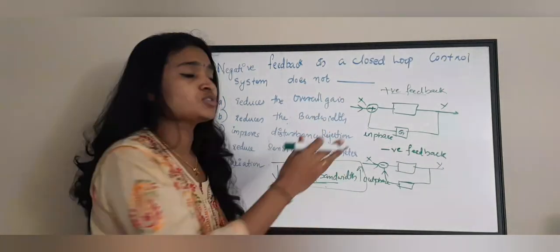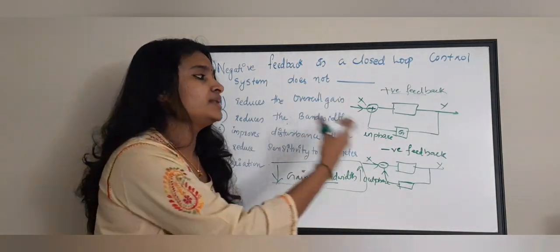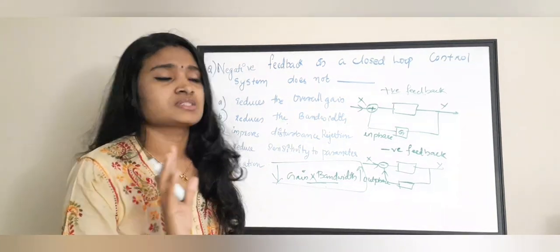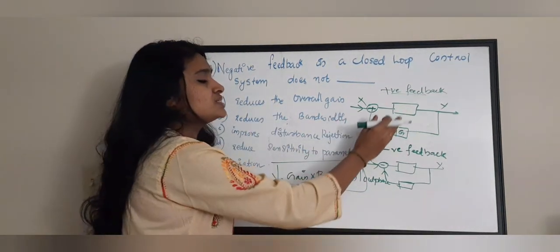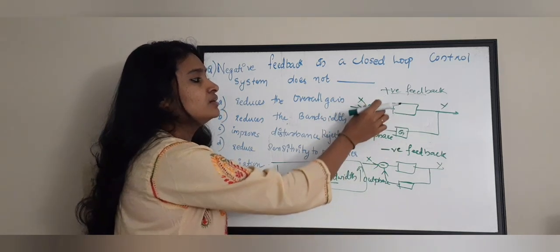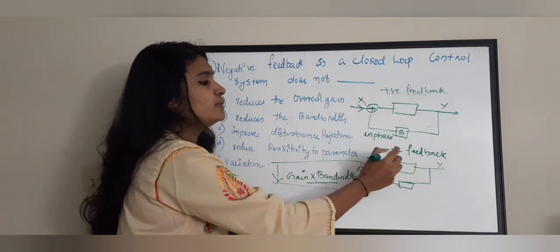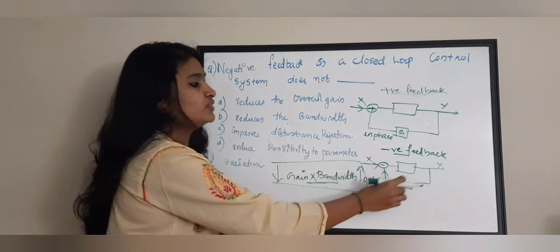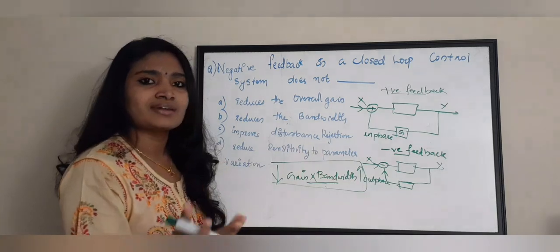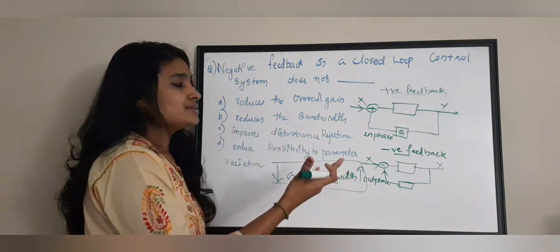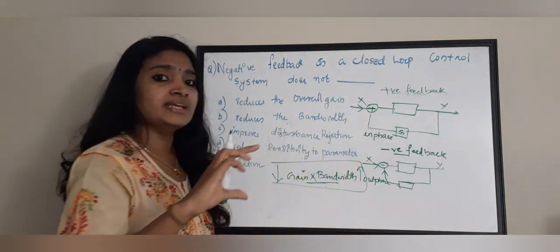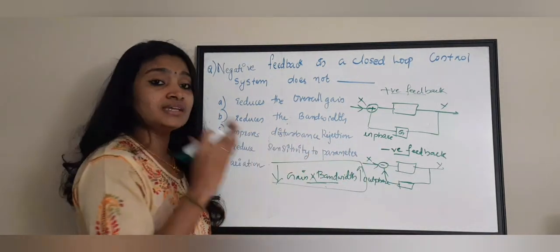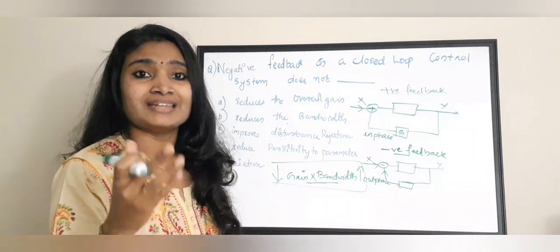These are the basics of a positive feedback control system and a negative feedback control system, one of the very basics of control systems. In a positive feedback control system, the signals are added with the feedback. In a negative feedback control system, the feedback is subtracted from the input out of phase. As a result, in a positive feedback control system the gain is improved. Here the gain will get diminished, but the gain bandwidth product will remain the same.